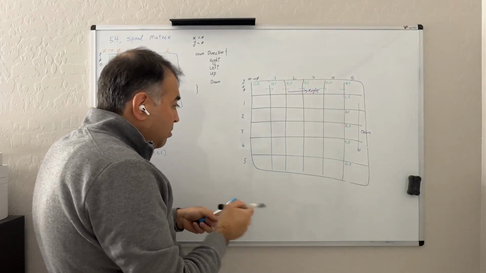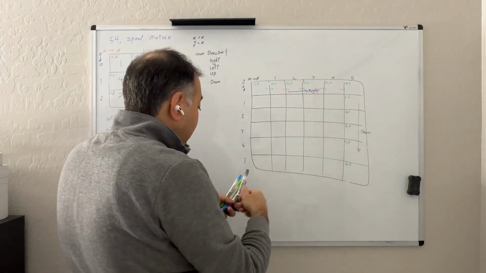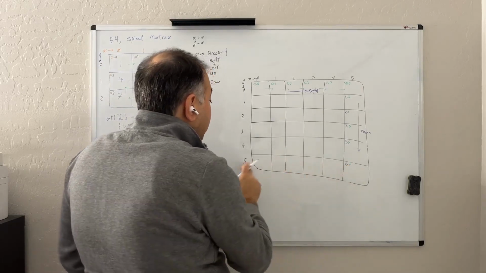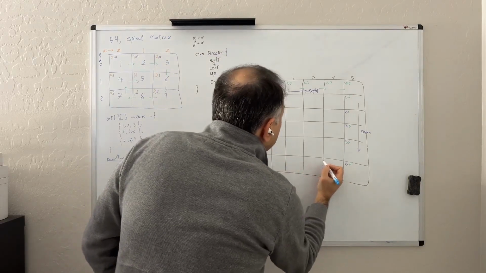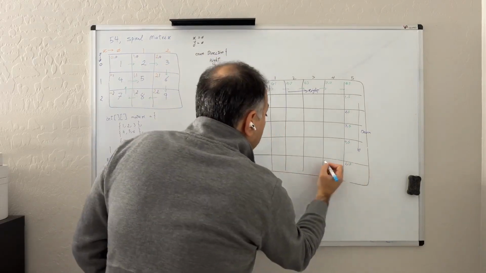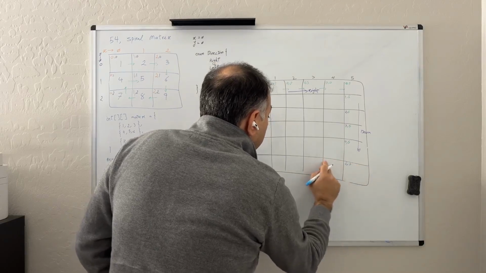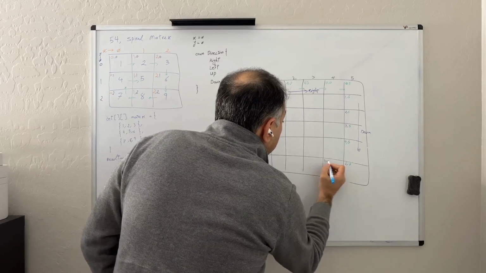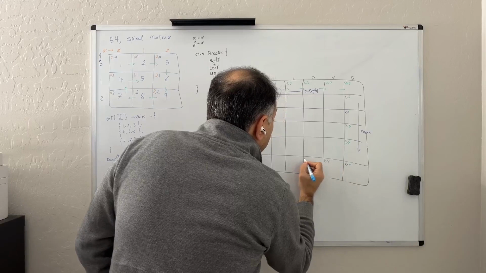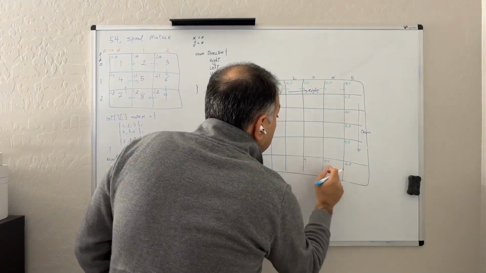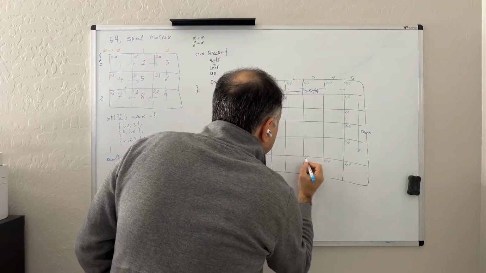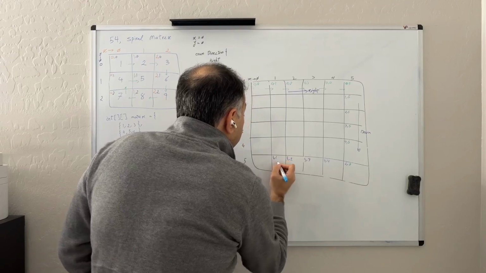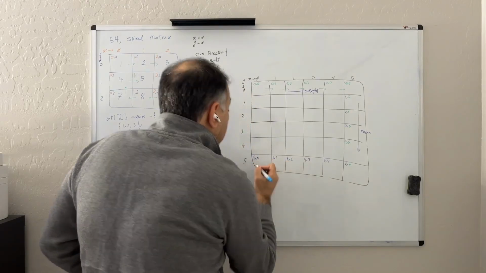But when I'm returning back to the left, what happens here? The column will be changed. The row will not be changed. For example, when I'm checking this one, it will be row 5, column 4, row 5, column 3, row 5, column 2, row 5, column 1, row 5, column 0.